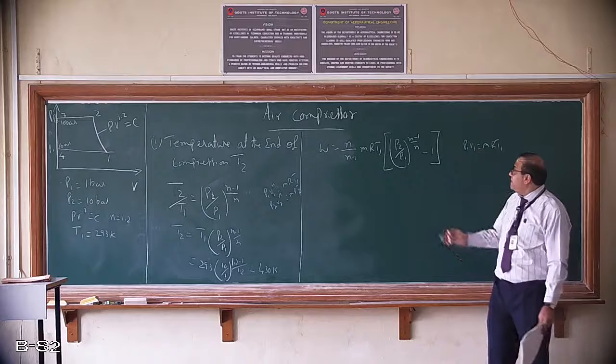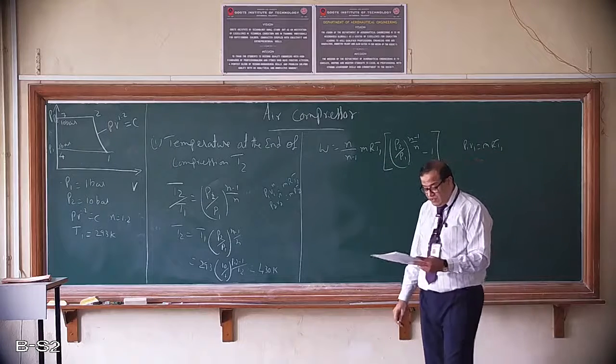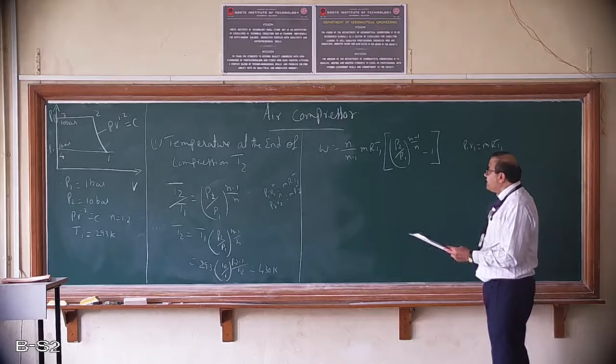So instead, R is known, mass flow we'll assume as 1 and then calculate it. So this is per kg we'll calculate.